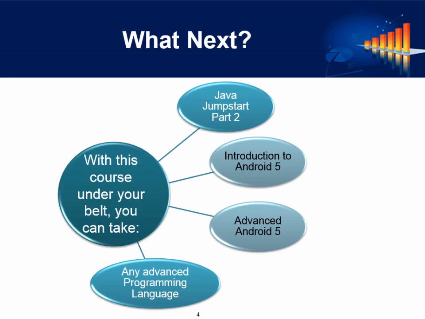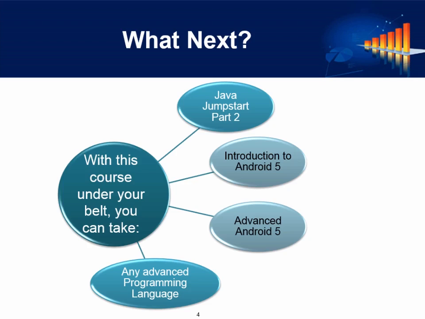However, you can also move on and start doing some of the mobile application development. If you're interested, you could go into Introduction to Android, and then from there on to the Advanced Android. However, I still think that you'll be better prepared for that if you have finished Part 2 of Java Jumpstart. I just think it really explains the basics of object-oriented programming.